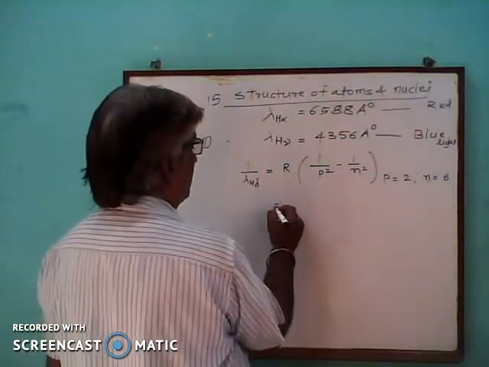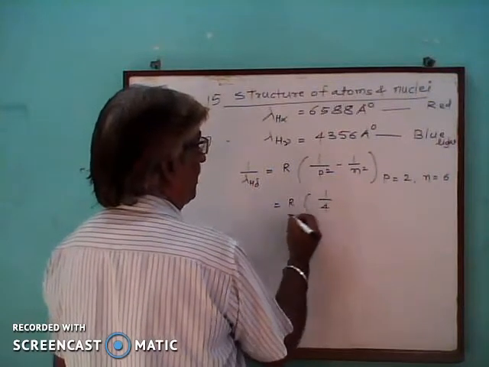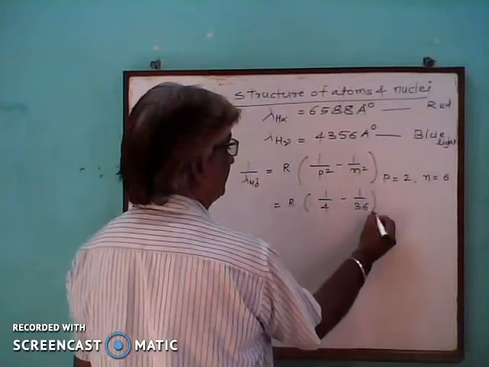So what happened? Taking 2 square, that is 1 upon lambda equals R in bracket 1 upon 4 minus 1 upon 36.